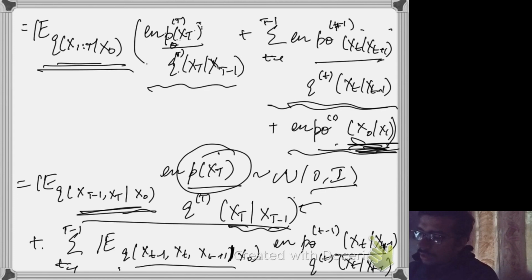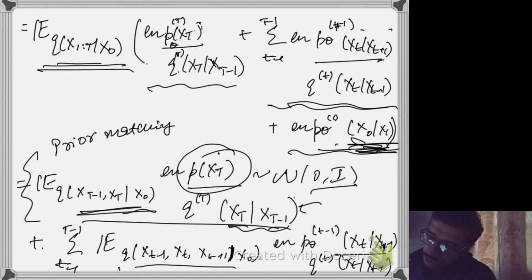So essentially all these terms will not have any sort of parameter. And so this term is called the prior matching term, and while training it will not affect our gradients at all, because there are no parameters over here, so the gradient with respect to any parameter would be 0 for this prior matching term.